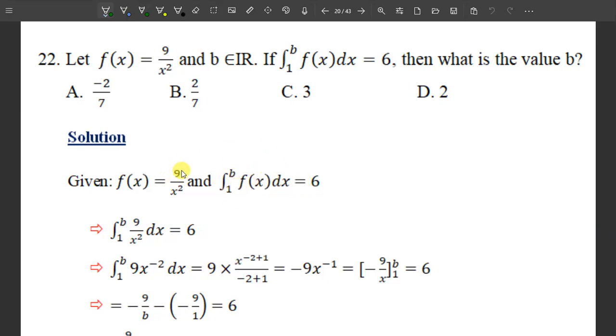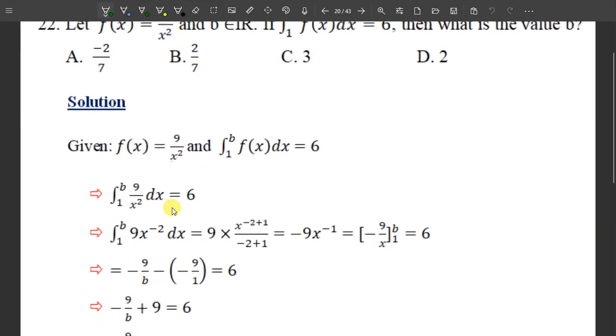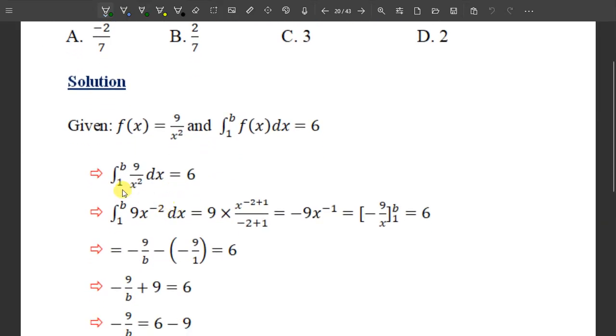Replace f of x by this expression, 9 over x squared, and then rewrite 9 over x squared as 9x to the power of minus 2 in power function form, and then apply the integration.